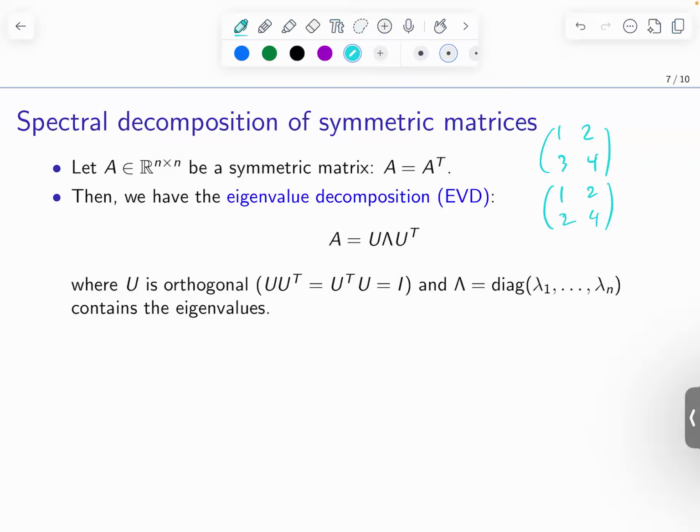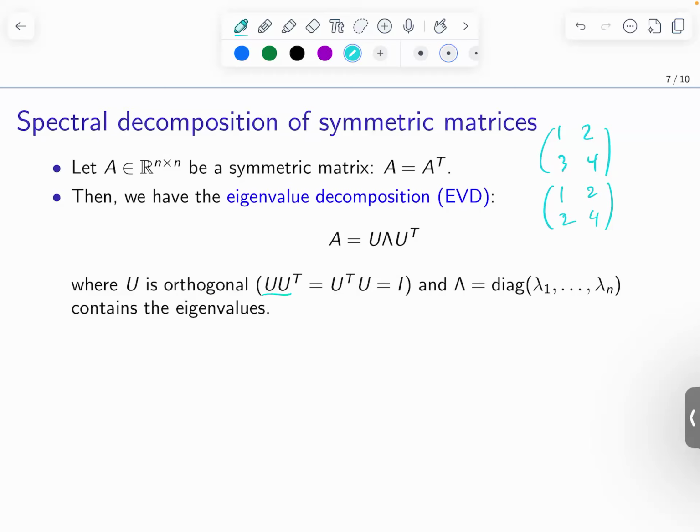So if the matrix is symmetric and real valued, then it has what we call the eigenvalue decomposition, or EVD. So A can be written as a decomposition into the product of three matrices: the matrix U, the matrix lambda, and the matrix U transpose. The last one is the transpose of the first one, with a special property. U will be an orthogonal matrix, or an orthogonal operator, if you remember matrices are operators.